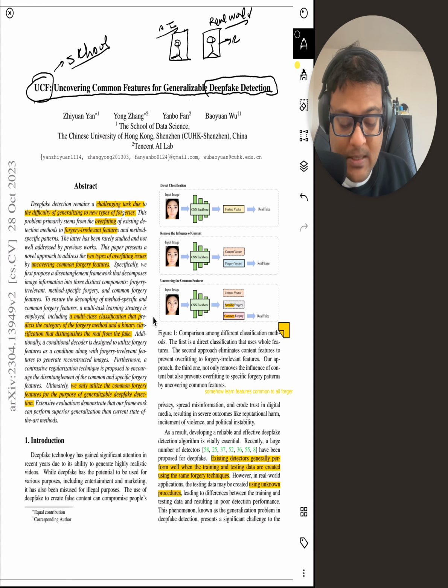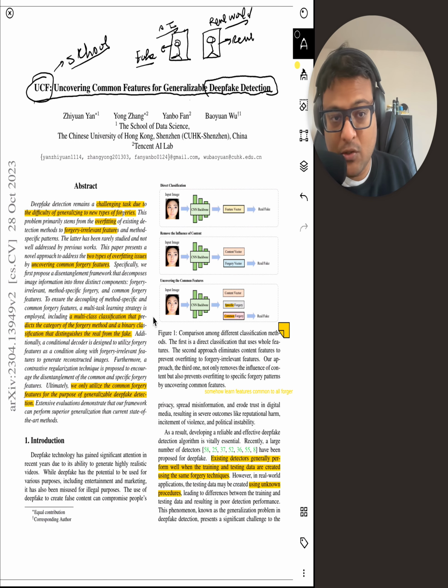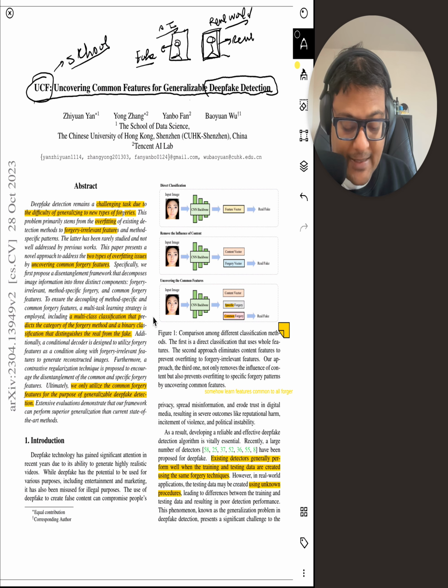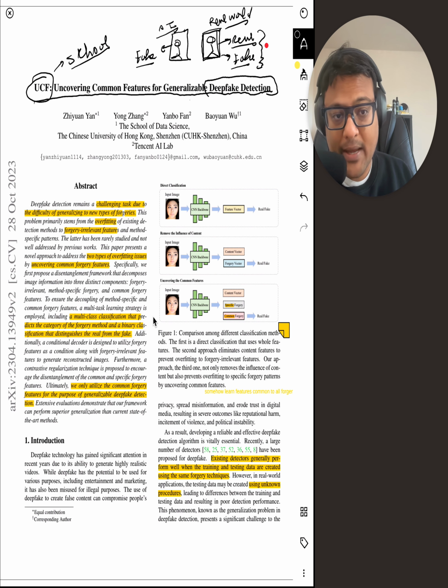This is a real image and this is a fake image, and if you are able to distinguish between these, then you are doing a good job. So it is basically a classification problem. Any image can belong to only one of two classes, real or fake, and that's why it is known as a binary classification problem.